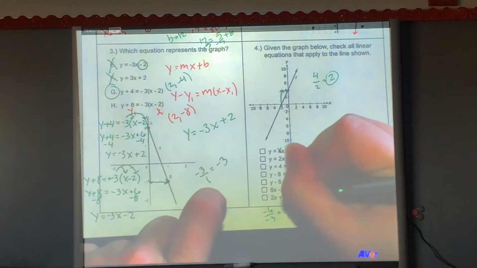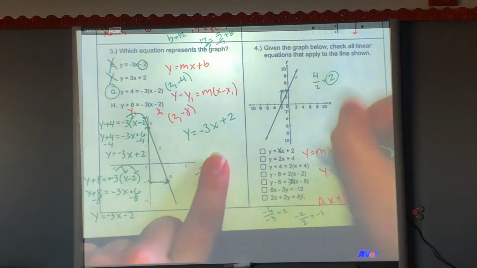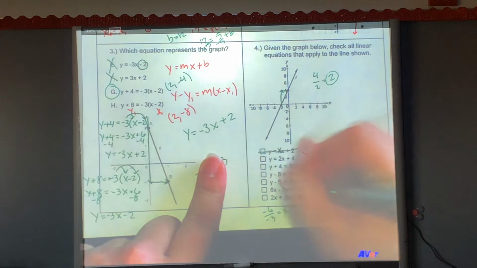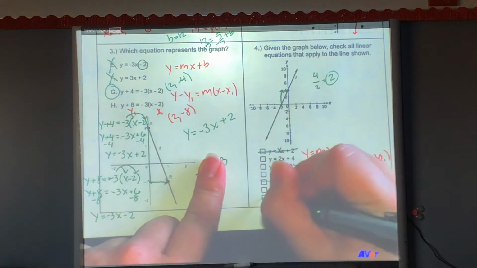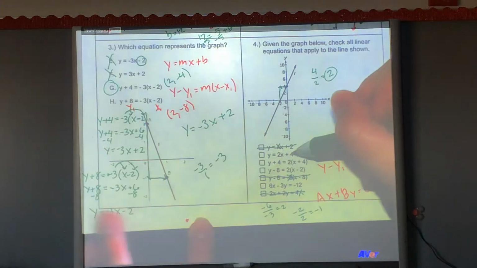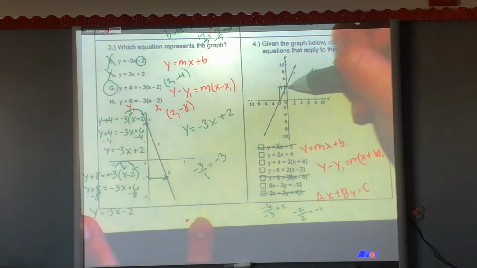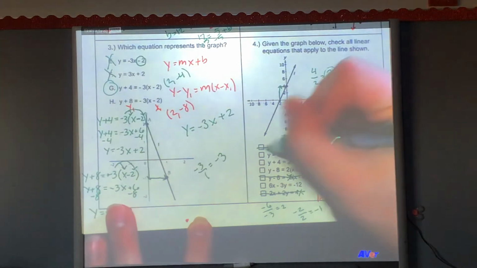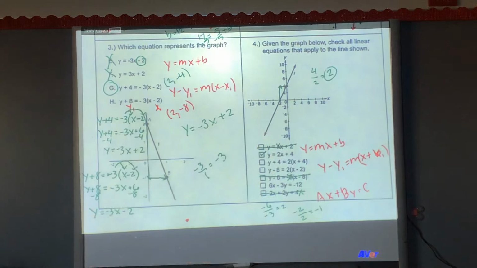This one is not good for the slope. So I'm going to cross off this one, and this one, and this one. We do not have those. All right, next thing I could do is look for the y-intercept. This one says we have a y-intercept of 4, and that is actually very much accurate. So this one all the way is correct. It has a good slope. It has a good y-intercept.